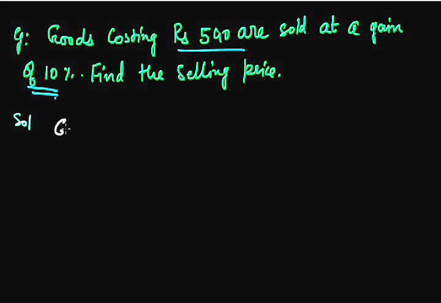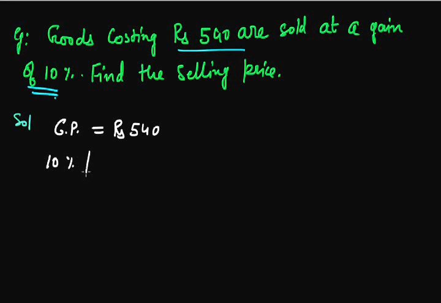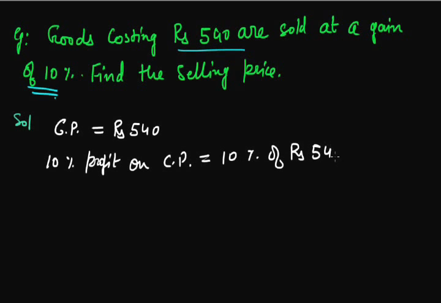Here we are given the cost price, that is equal to rupees 540. Now we are having a 10% profit on the cost price, that is equal to 10% of rupees 540.